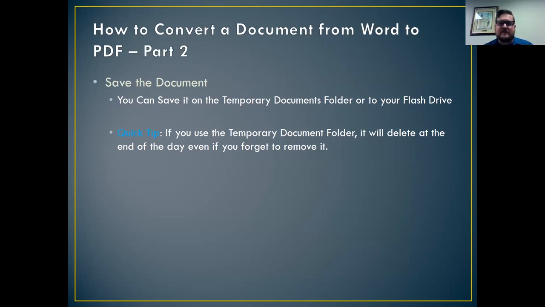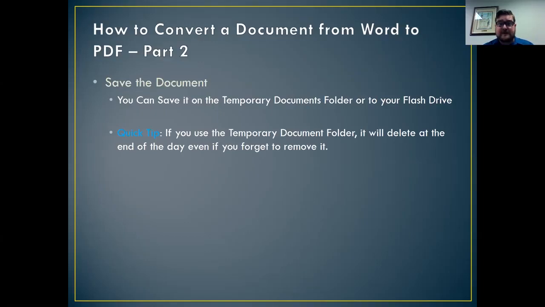So the second way to do it, obviously you can save the document. If you're here at the Law Library, you're going to want to save it in your temporary documents folder or your flash drive while you're using one of our computers. If you use the temporary document folder here at the Law Library, we'll delete it at the end of the day, so even if you forget, it's going to be gone.